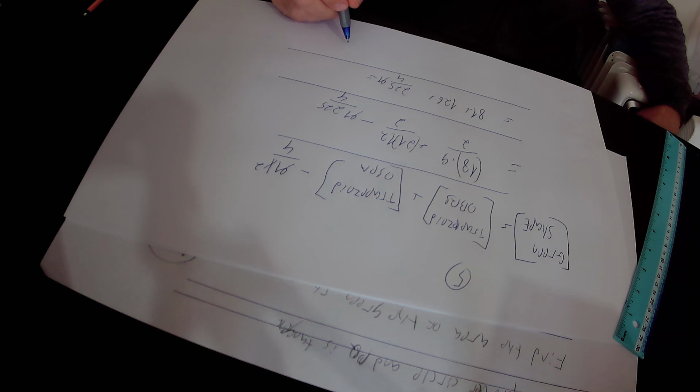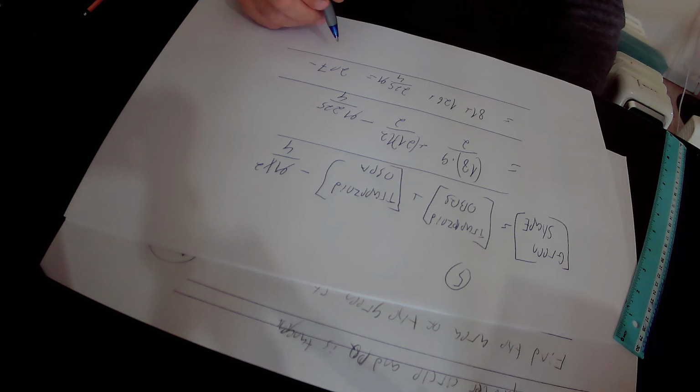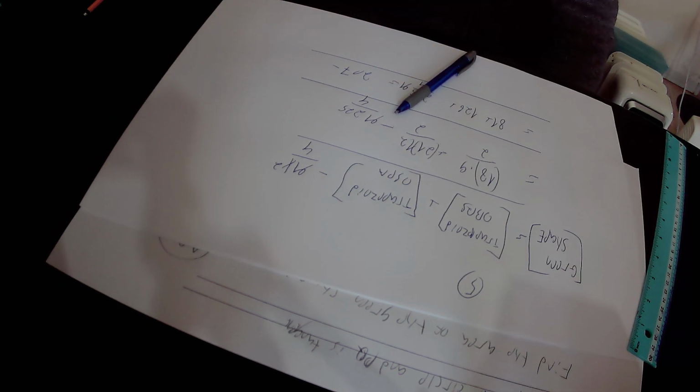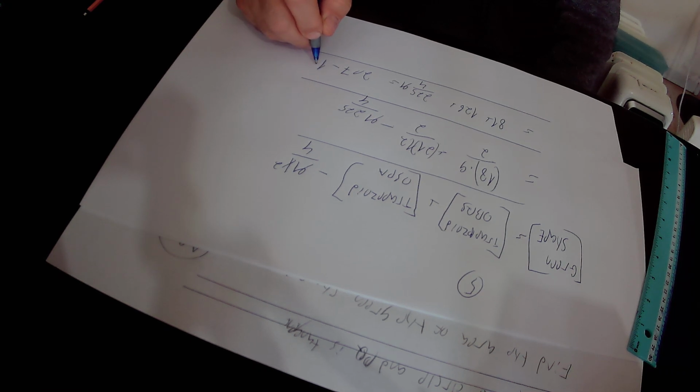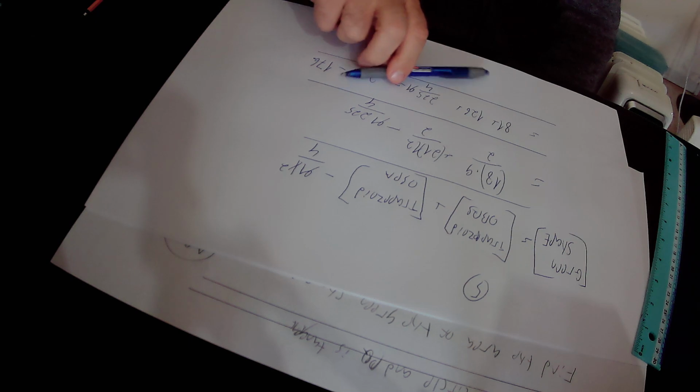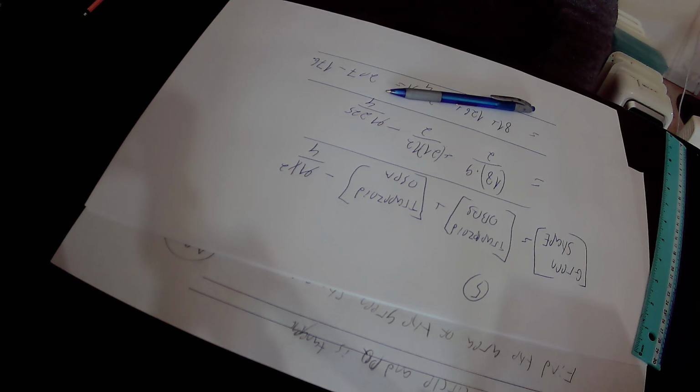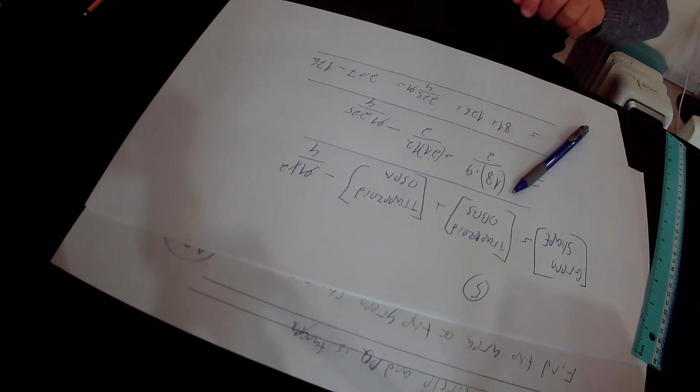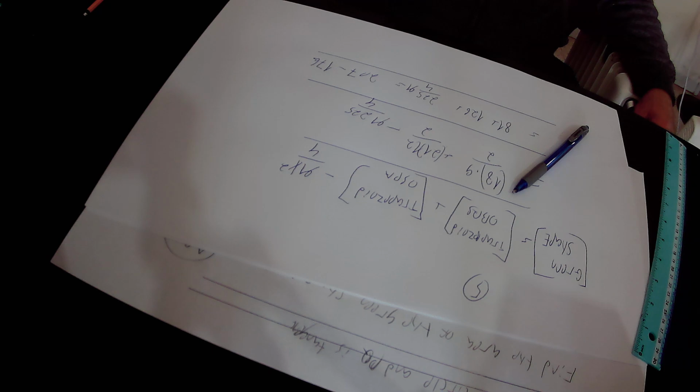81 plus 126 is 207, minus 225 pi over 4, which equals 176.714.